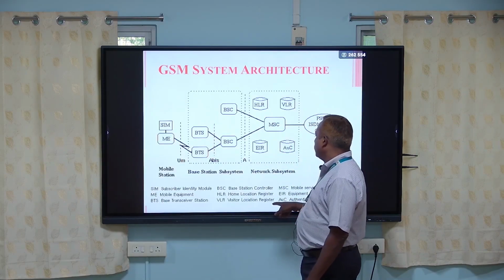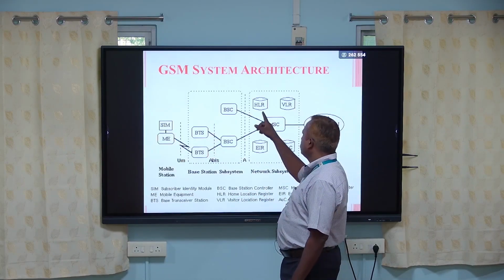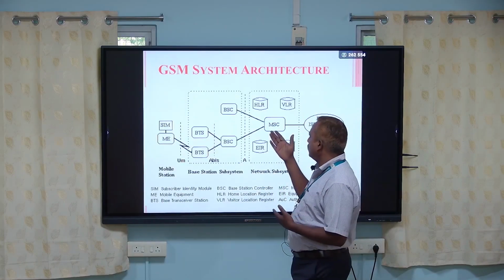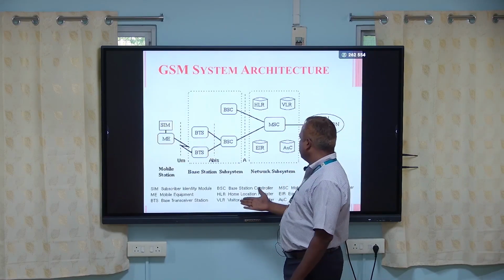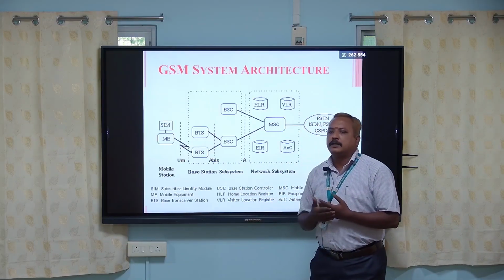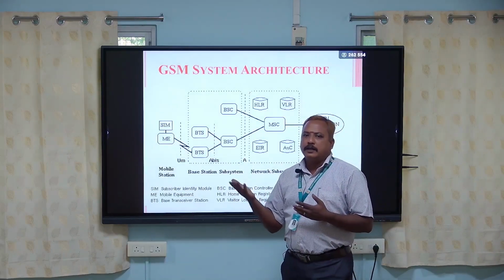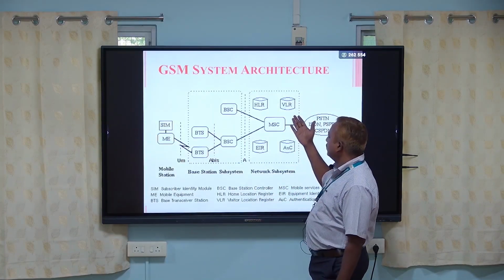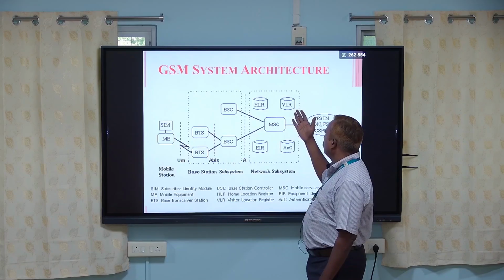HLR is home location register, where we are located right now. VLR means visitor location register. Mobiles coming from another network or another place are registered in the visitor location register, what we call roaming now.